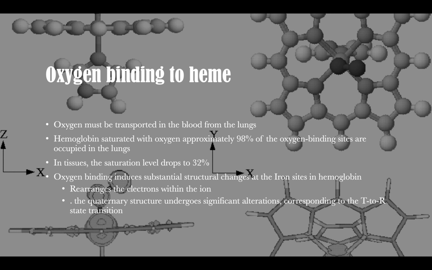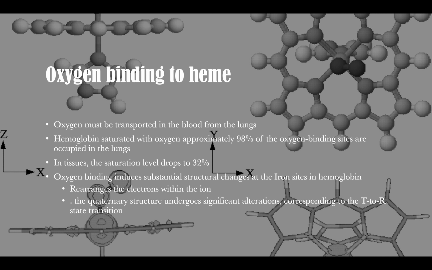And now the question is, how does this differ from that in the capillaries? The binding of the oxygen molecule at the sixth coordination site of the iron rearranges the electronics within the iron, essentially shrinking it and allowing it to migrate into the plane of the porphyrin.